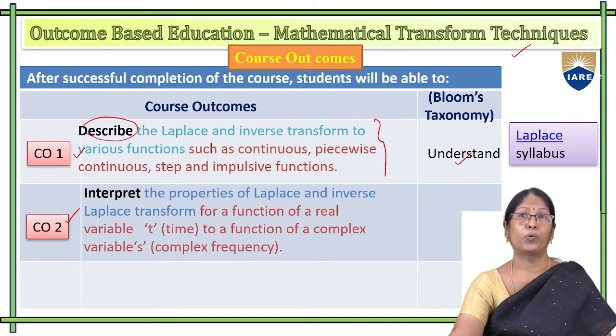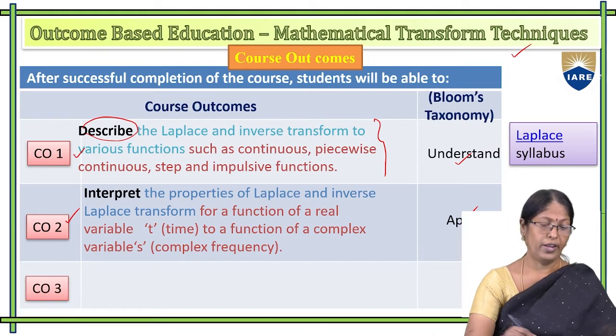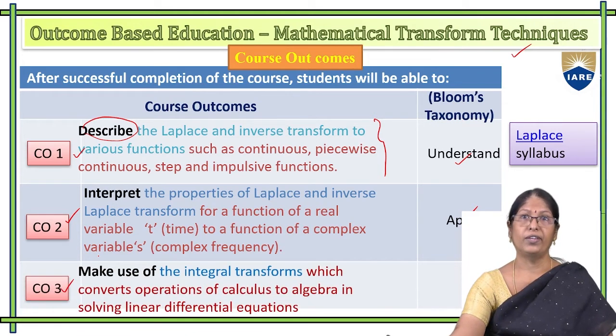Interpret the properties of Laplace and inverse Laplace for a function of real time to a function of complex variables. Here, apply is a Bloom's third level verb which is used. Next is CO3, make use of the integral transforms which convert operations of calculus to algebra in solving linear differential equations.